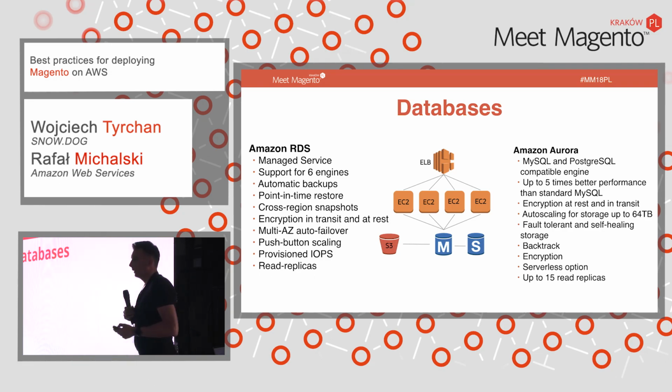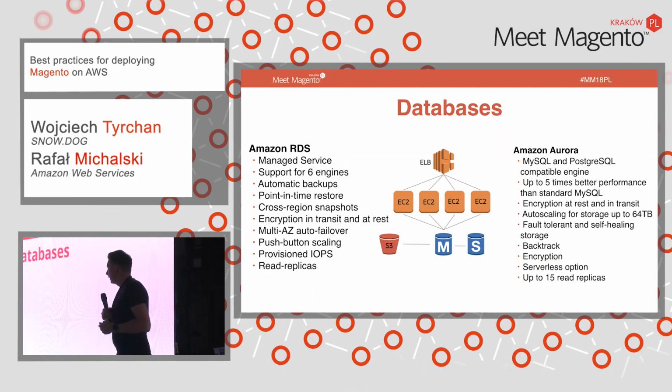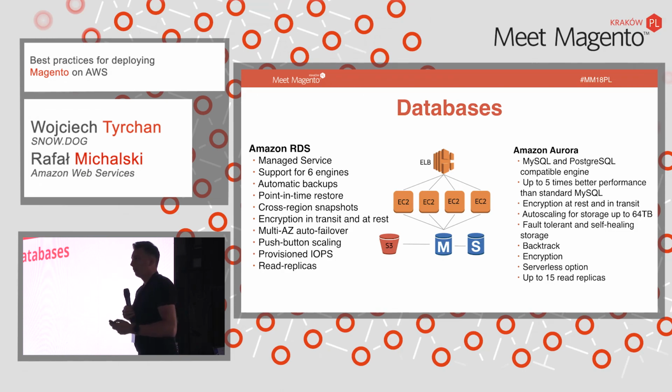You just put your data in, you just pick the engine. There are 6 different engines available right now: MySQL, PostgreSQL, MariaDB, Oracle, Microsoft SQL, and Amazon Aurora. As I said, it provides automatic backup. You can restore your backup to a point in time, back 35 days.